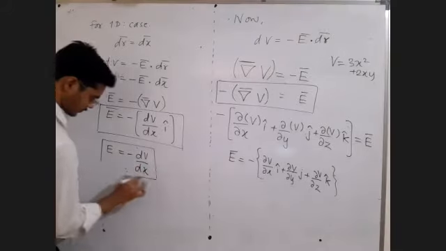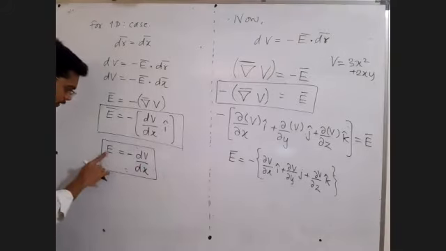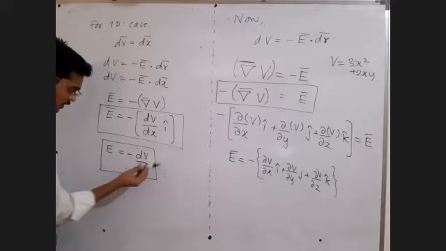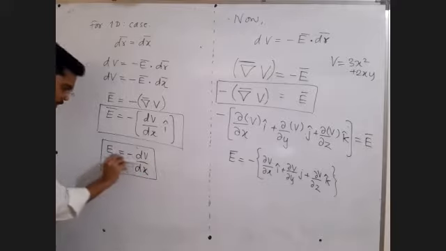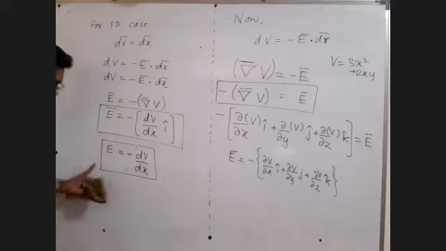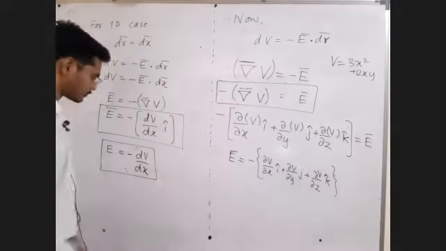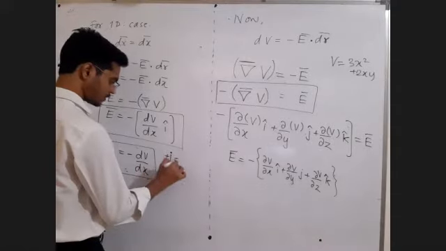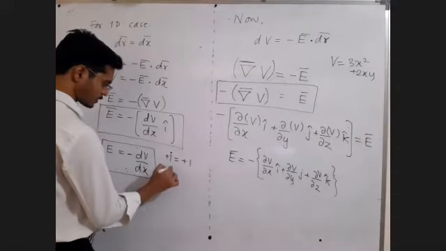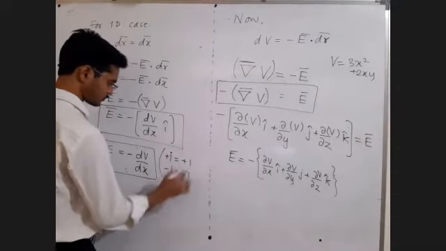If electric field comes out to be positive, it's a plus i cap vector. If it comes out to be a negative value, it's a minus i cap vector. It's still a vector relation. So here plus i has been replaced by plus 1 and minus i has been replaced by minus 1.